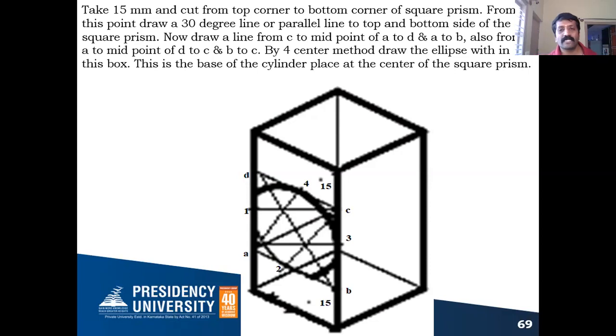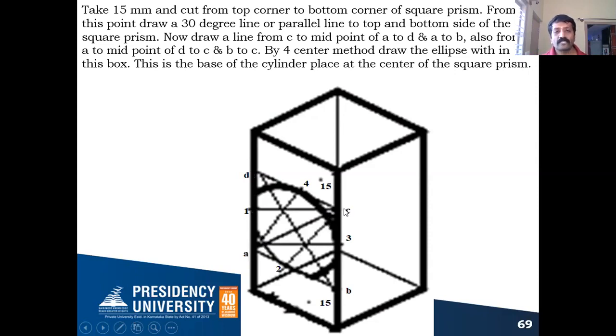So after drawing ABCD, you identify the center point of A to D, D to C, C to B, and B to A. After that, from A as the center, you draw a line exactly at the midpoint of D and C. Similarly, from point A, you draw a line till point 3, which is exactly the midpoint of C and D. Similarly, from point C, you draw a line exactly to the midpoint of A and D. So that is 1.